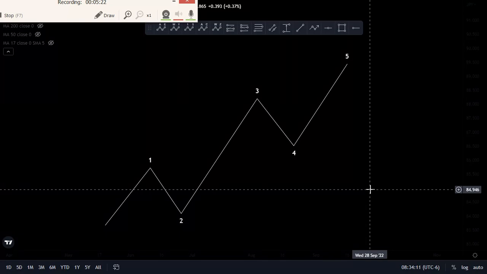So in this 5-wave pattern, 3 of the waves which are labeled 1, 3 and 5 actually affect the direction movement.